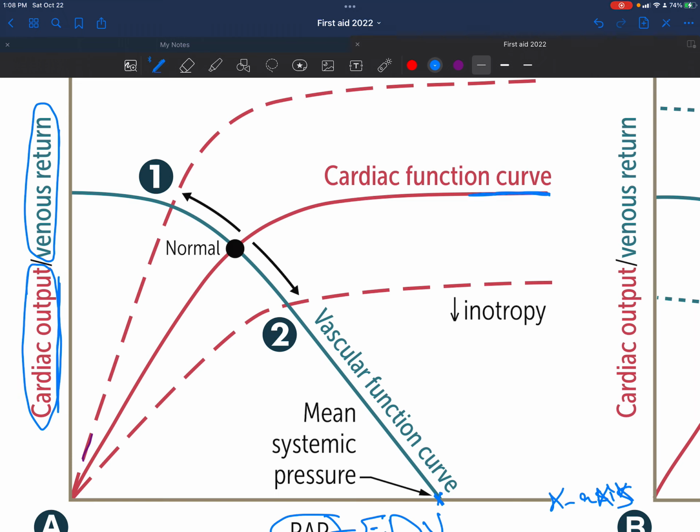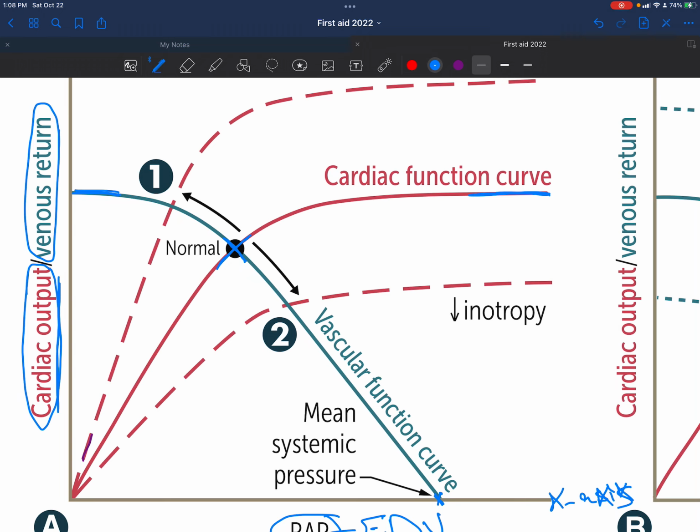The graph with the red curve and the blue curve, without any additions or changes, is just the normal resting person who does not have medication, heart failure, or any kind of disease.